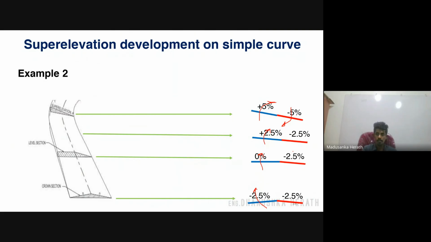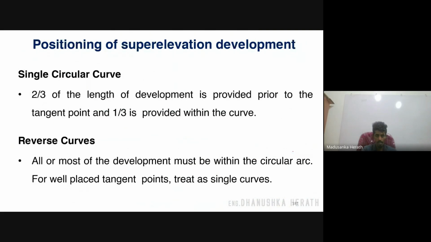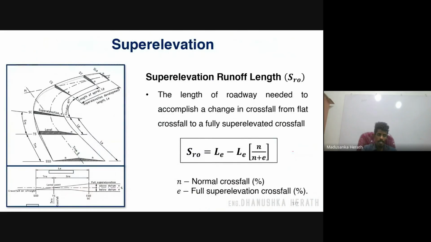Right. Then when you are reversing that turn, it is also the same, right? So if you have 5%, rotate and take to 2.5, then rotate this side only, take to 0, then again minus 2.5.